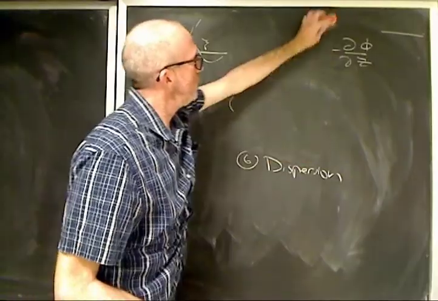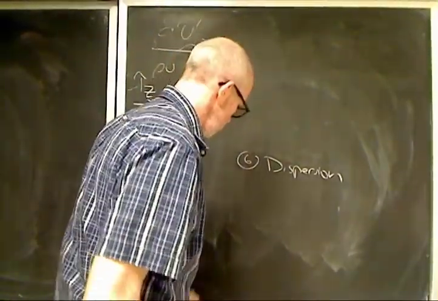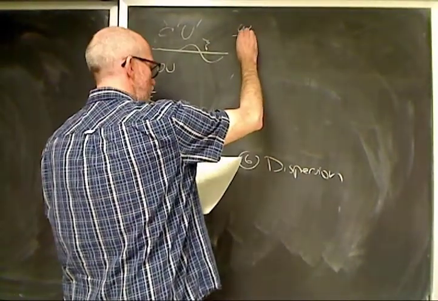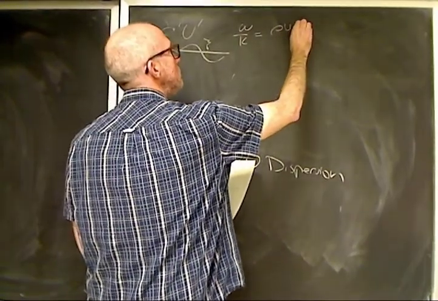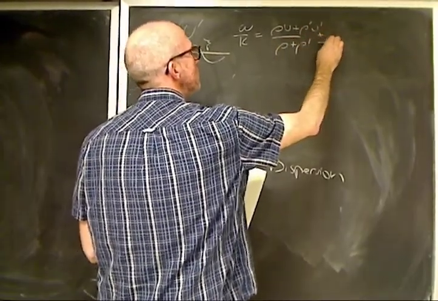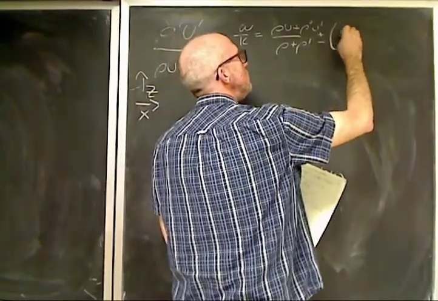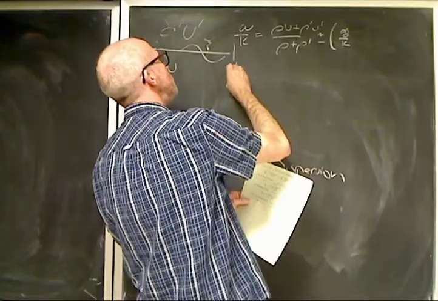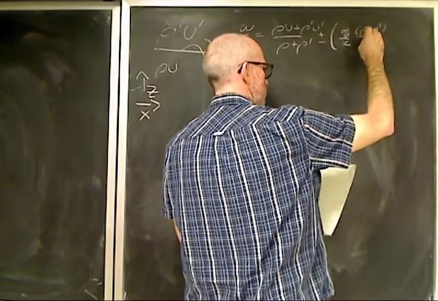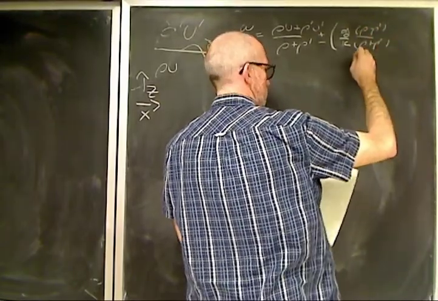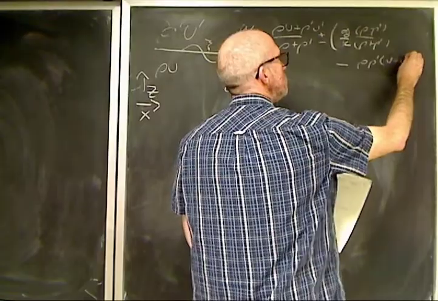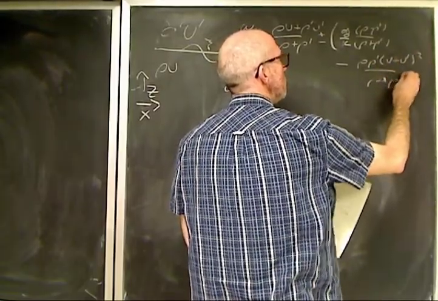So there, we found that omega over k equals rho u plus rho prime u prime over rho plus rho prime, plus or minus the square root of all this stuff: g over k, where g is the acceleration, we'll say in this direction, g over k times rho minus rho prime over rho plus rho prime, minus rho rho prime times u minus u prime squared over rho plus rho prime squared.